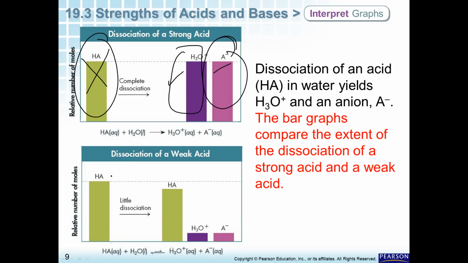The other thing is that these two are equal. So the concentration of the A minus, or the Cl minus in this case, and the concentration of H plus are equal. And they are equal to the initial concentration of HA, which we started with. Why? Because this is 100% dissociation. Now, if you want to consider a weak acid, which is like this one over here, when it dissociates a little, it will remain.